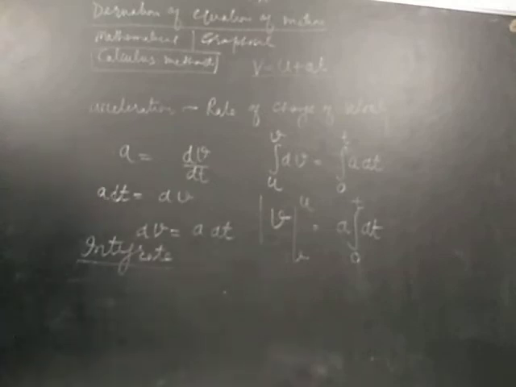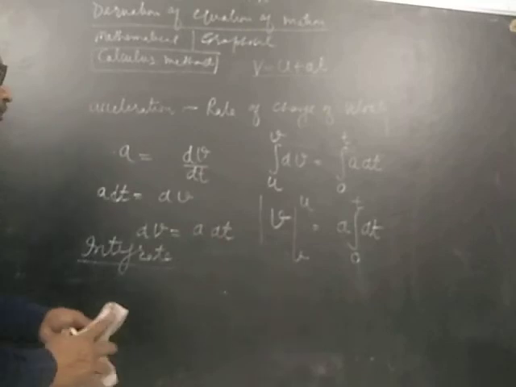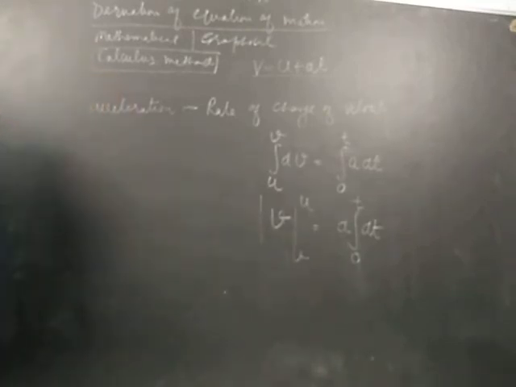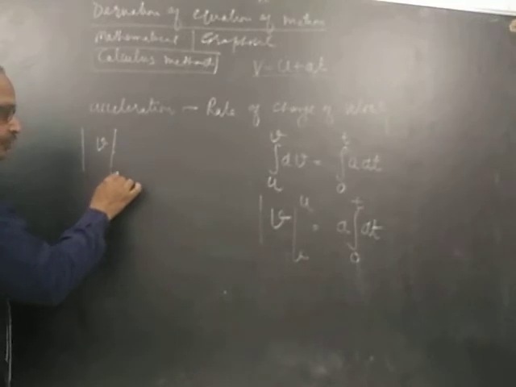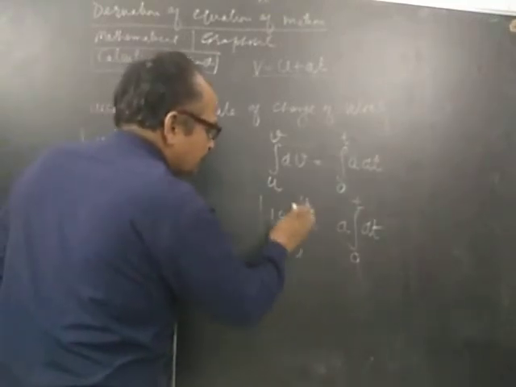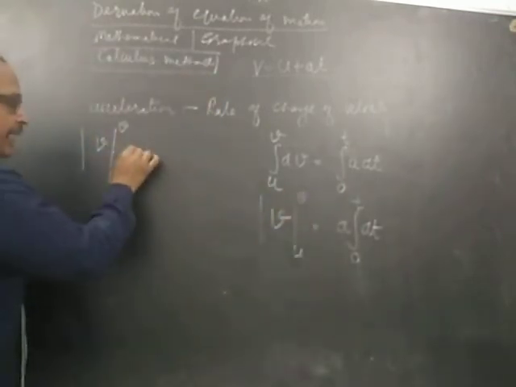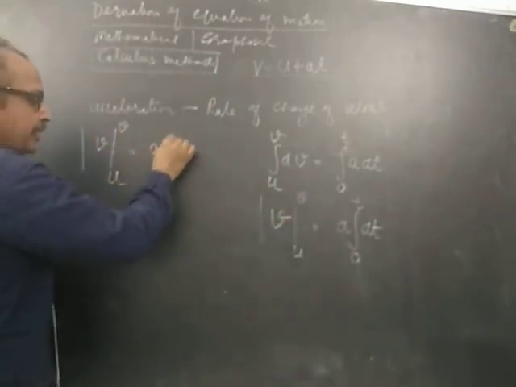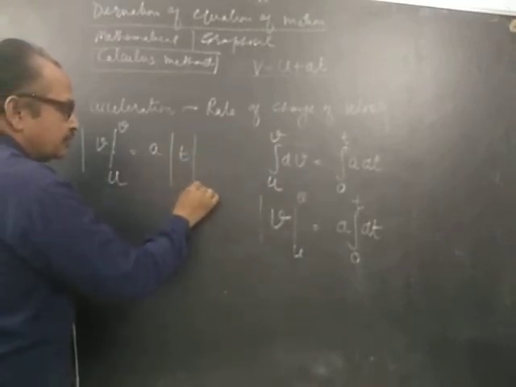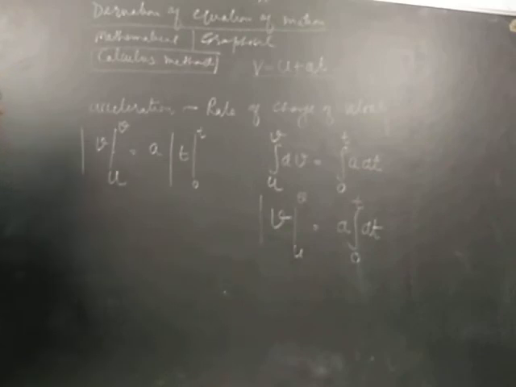Is there any doubt? I will repeat once again, but for the guidance just see. So what I get: v with limits u to v is equal to a into t, with limits 0 to t.